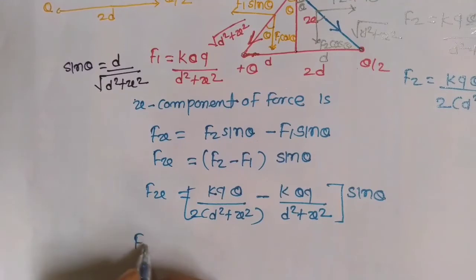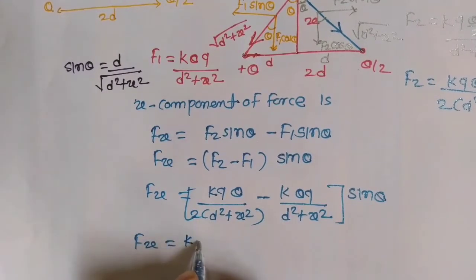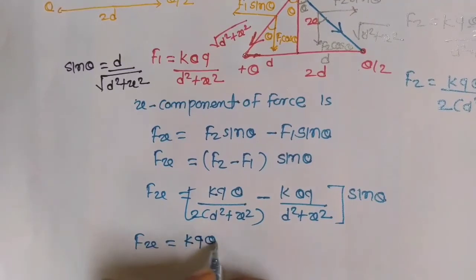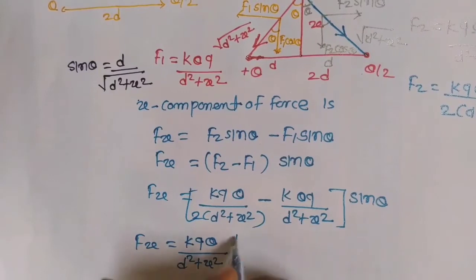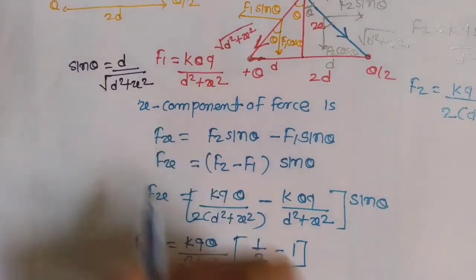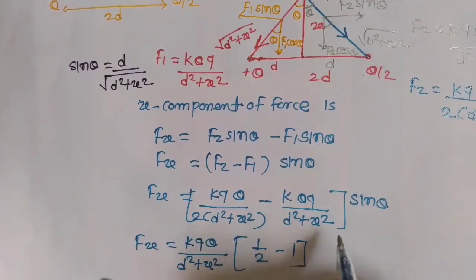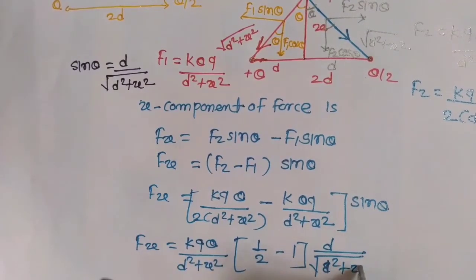So Fx is equal to k q upon d square plus x square, common, only 1 by 2 minus 1 into the value of sin theta, which is d upon square root d square plus x square.